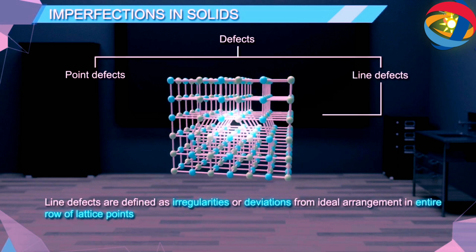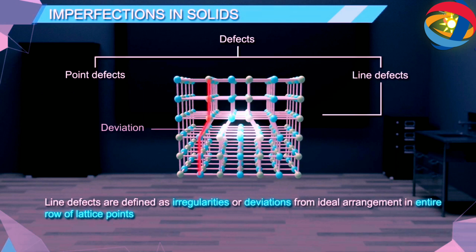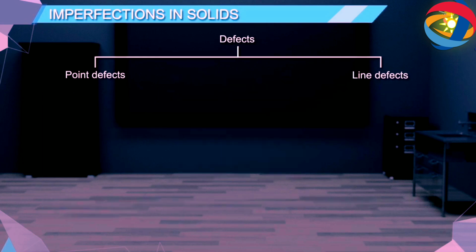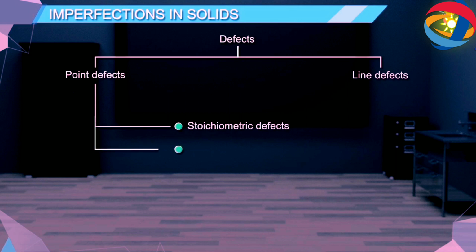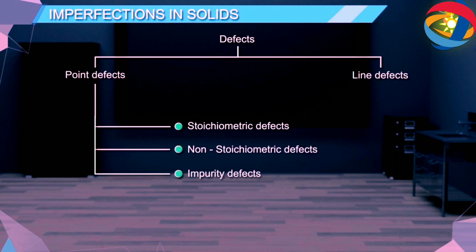Line defects are defined as irregularities or deviations from ideal arrangement in entire row of lattice points. In this chapter, we will learn only about point defects. The point defects can be further classified into stoichiometric defects, non-stoichiometric defects, and impurity defects.